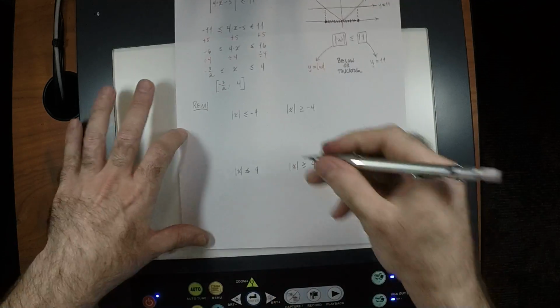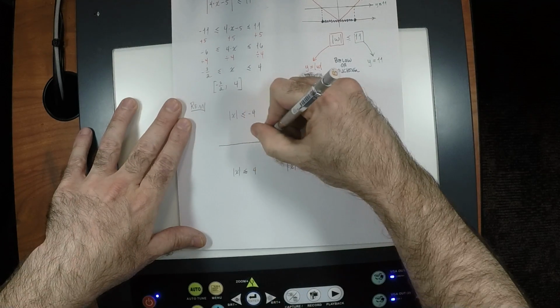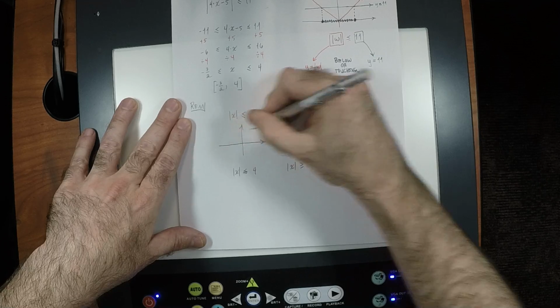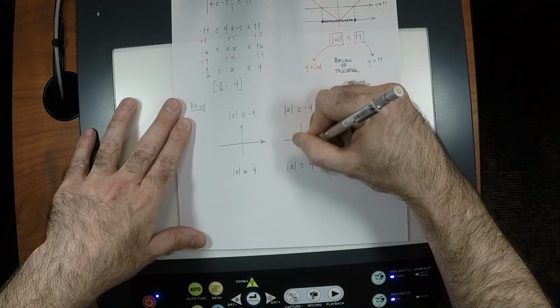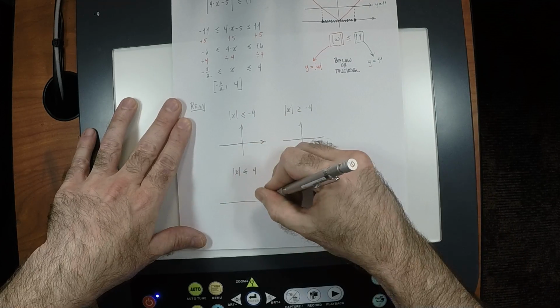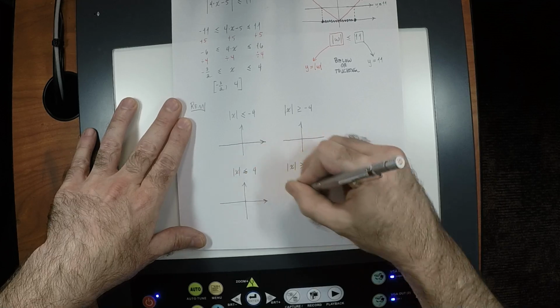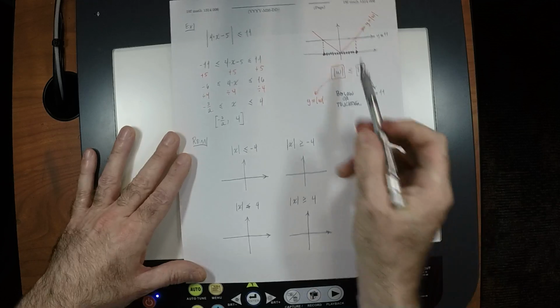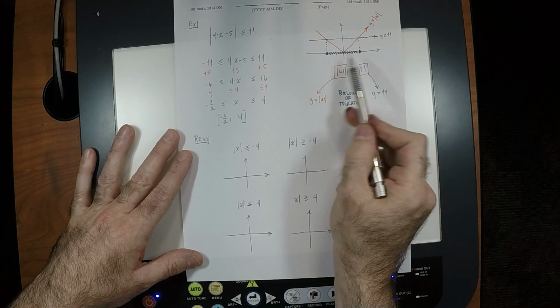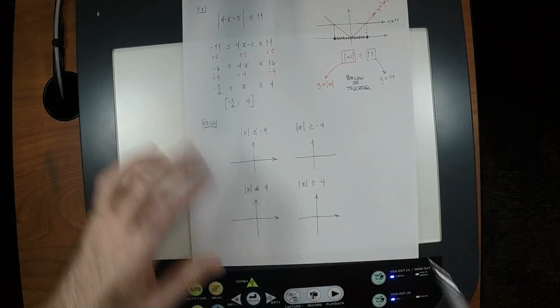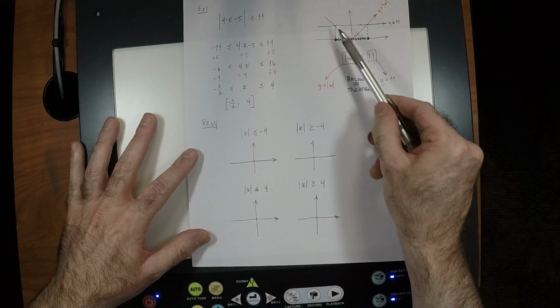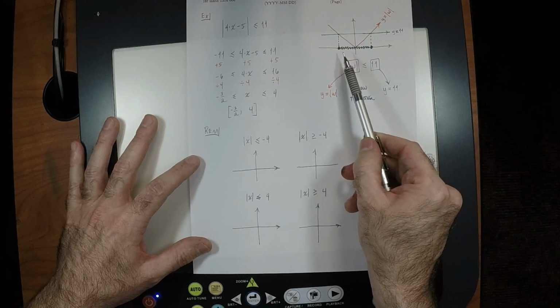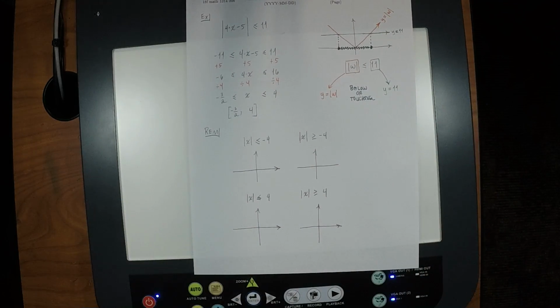In all four cases, I want you to draw a picture, and then color in the points that will satisfy it. So you'll have a picture just like this, a V and a line, and some blue points. Good. So now let's have a quiz.